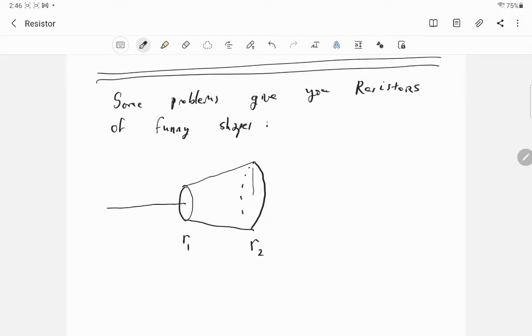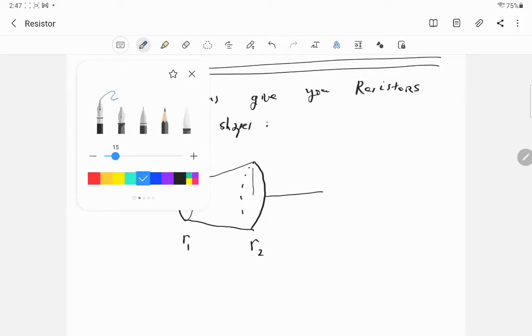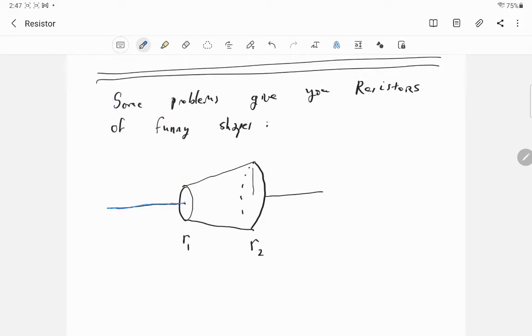And we're going to imagine a potential difference. We could say that a conductor on the left-hand side, let's make this piece of metal, we'll hold it at a potential of, say, 6 volts. And this one we'll say is at 0 volts. So 6 volts and 0 volts is a potential difference of 6 volts, right?